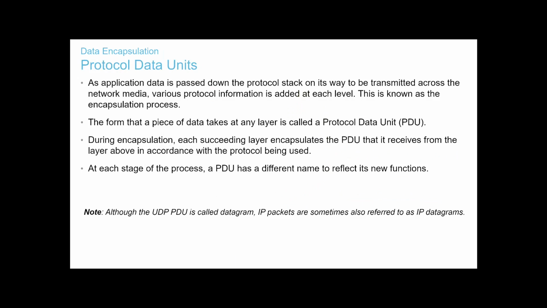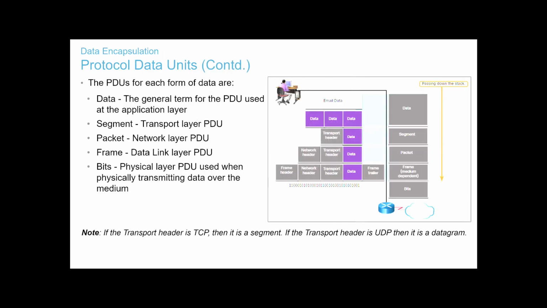As the application data travels down the OSI model, each layer beneath will encapsulate it in whatever protocol that particular layer uses. And there's a different name for it all the way down the OSI. It's really important that we know this.